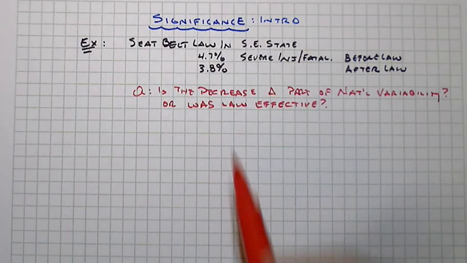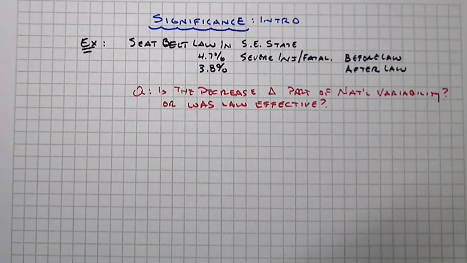And of course we know politicians would always like to feel good about the idea that a law that they've enacted has had a positive effect. Of course, wouldn't we all?